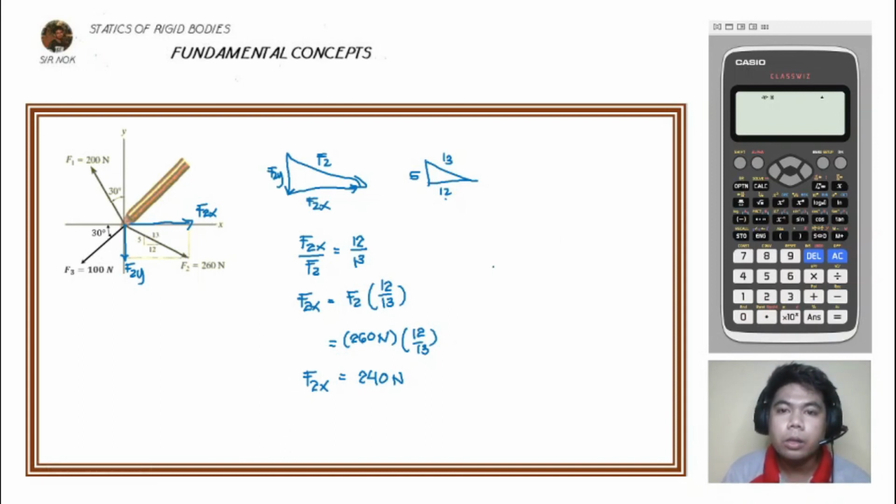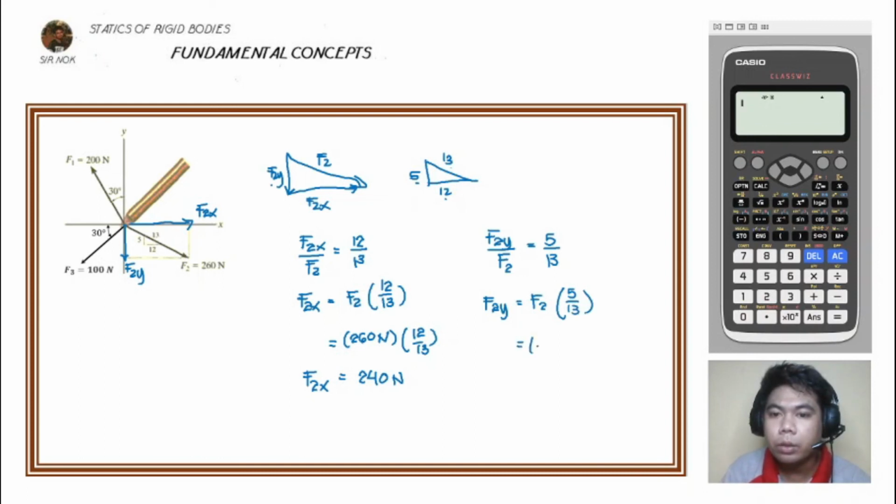The next, solving for the F2y component. F2y over F2 is equal to, F2y corresponds to 5 and F2 corresponds to 13. So cross multiply. F2y is equal to F2 times 5 over 13.